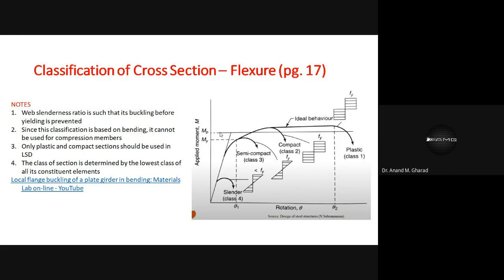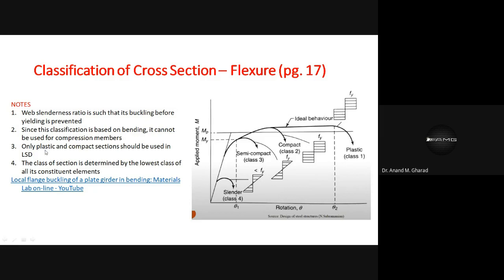A similar type of classification of cross sections you will observe when we discuss the column. So classification of cross section for beams and for columns, these two things are different. Although they are different, you will find there is some similarity that I will be discussing later on. Okay, so have you understood this thing?